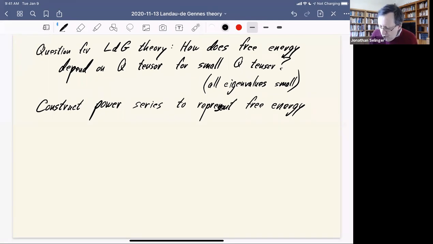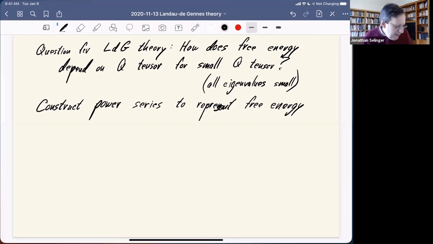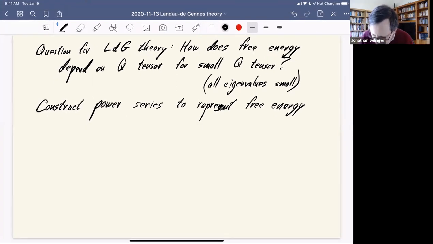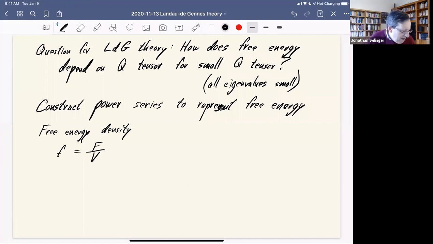So let's say we want to figure out the free energy density. I'll call that little f, the free energy density. That's the total free energy per volume of the system.